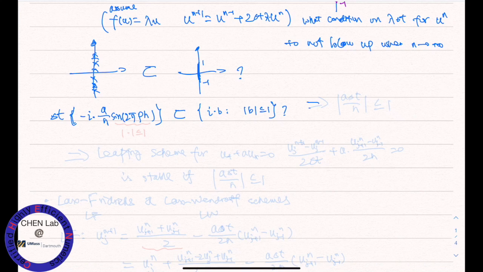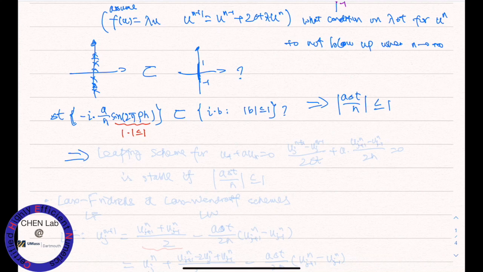Because the absolute value of the sine is always less than or equal to 1, we need the absolute value of a delta t over h to be less than or equal to 1.